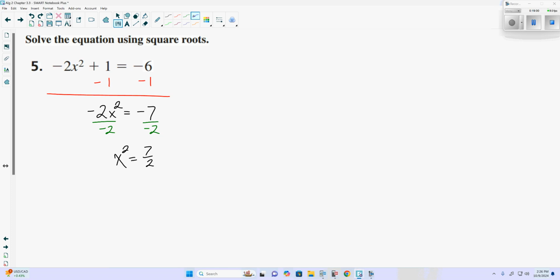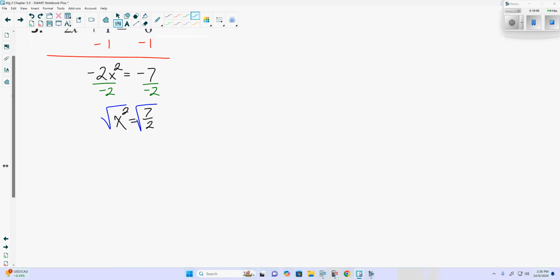X squared is by itself, so we can take the square root of both sides. Now our square root of x squared is x. Since we did take the square root of both sides, we will have our plus or minus.